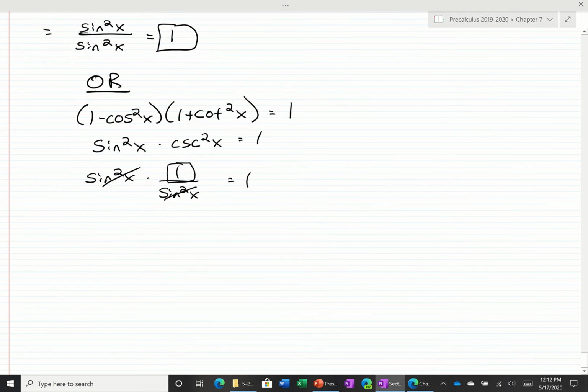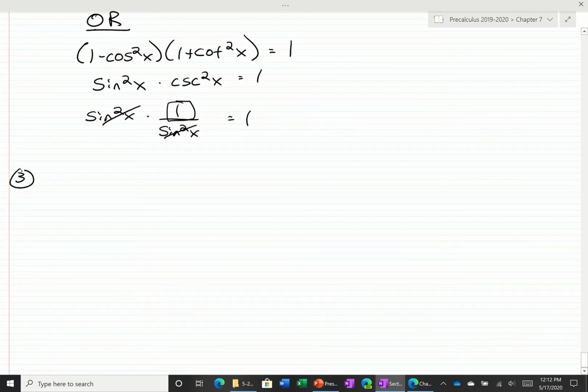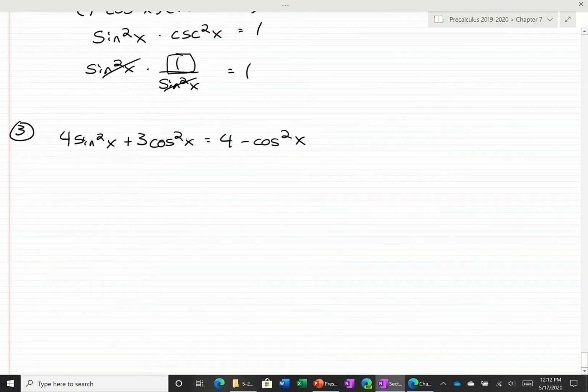All right, let's move to number 3. For problem number 3, it says 4 times sine squared of x plus 3 cosine squared of x is equal to 4 minus cosine squared of x. Well, the left side has more going on, and the right side just has cosines, right? So instead of sine squared here, I'm going to convert that. If sine squared plus cosine squared is 1, I'll convert it to cosine squareds because the right side only has cosine.